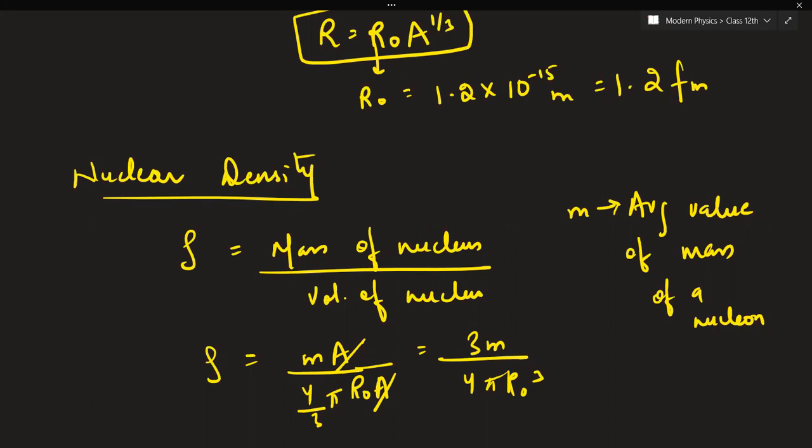How is density related with A, the mass number? Directly proportional or inversely proportional? How do you see it in the final formula?